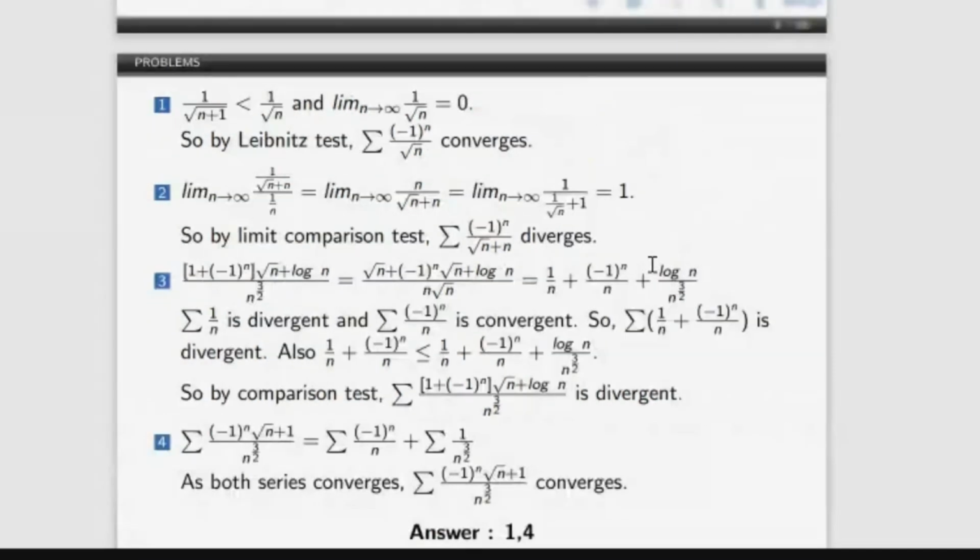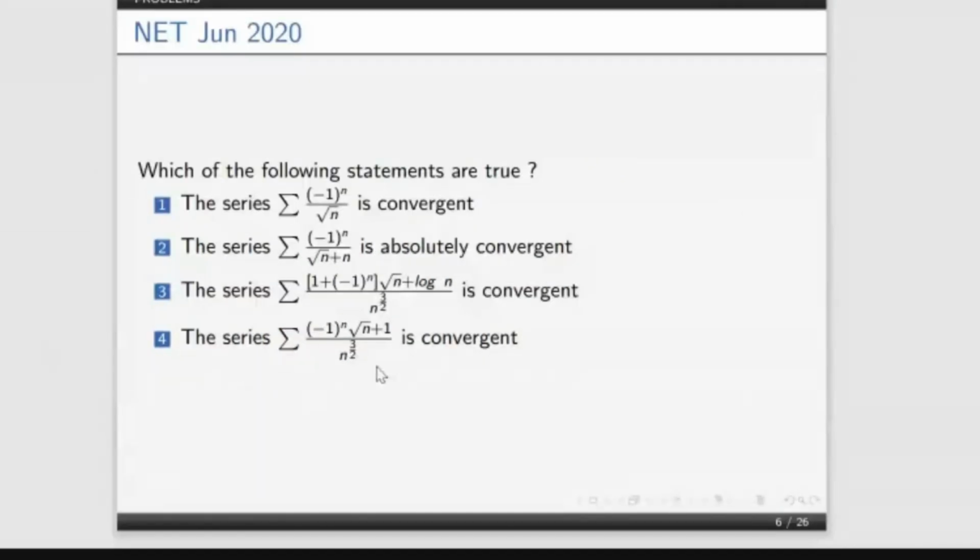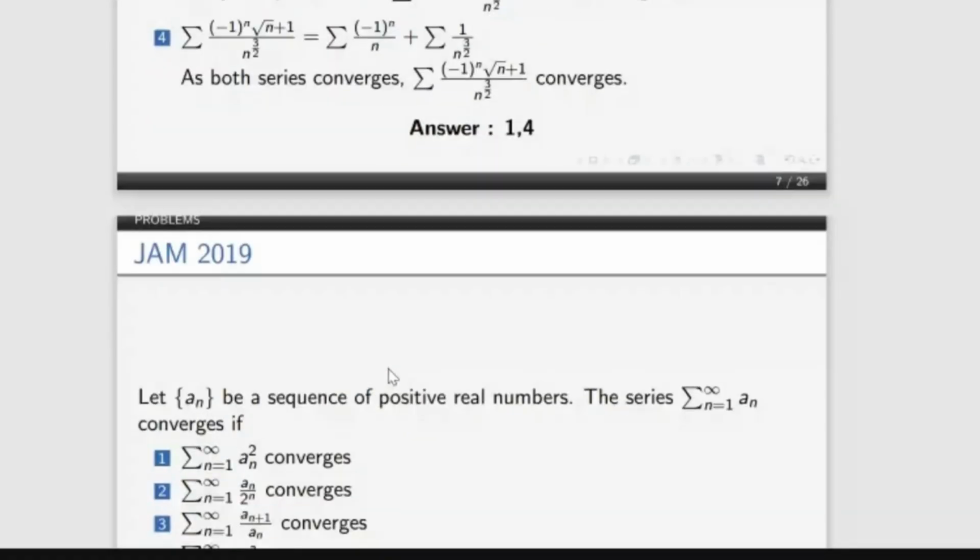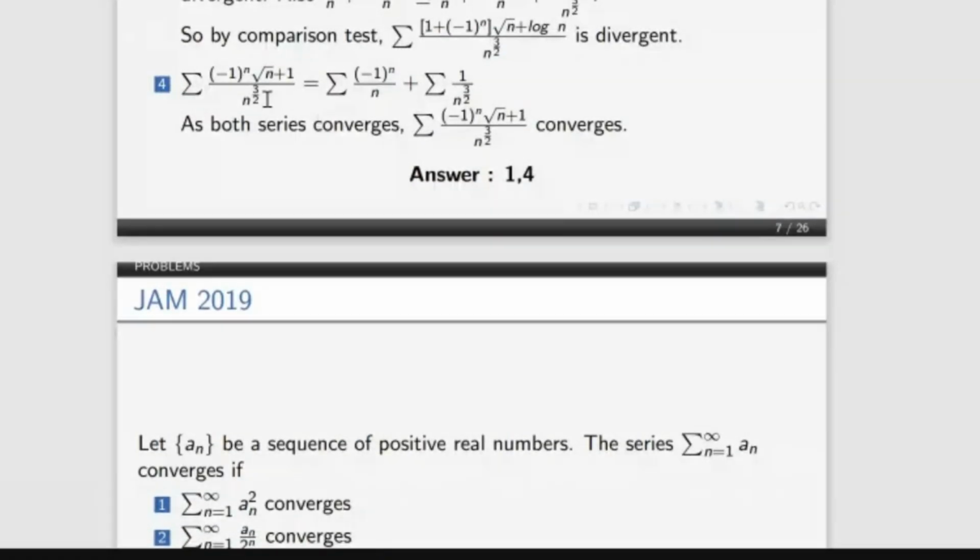And the final option, which is summation of (-1)^n (root n + 1) by n^(3/2). So when we are coming to it, again, we are breaking down the sequence term: (-1)^n (root n + 1) by n root n.